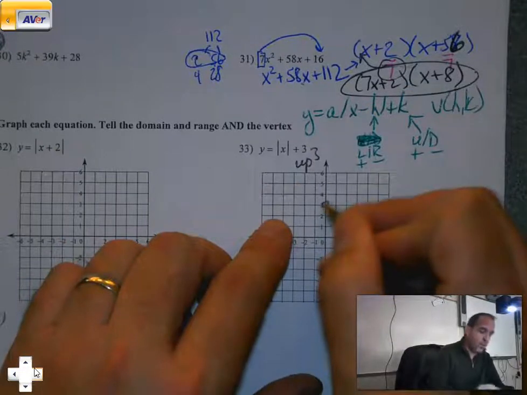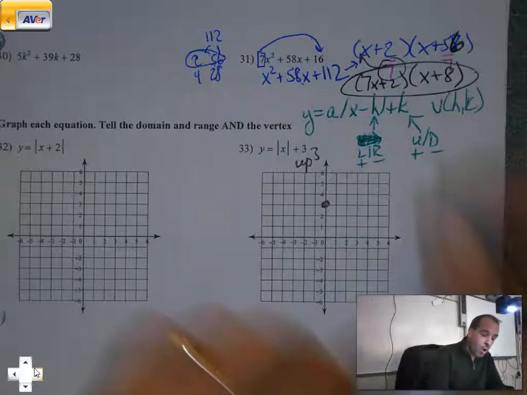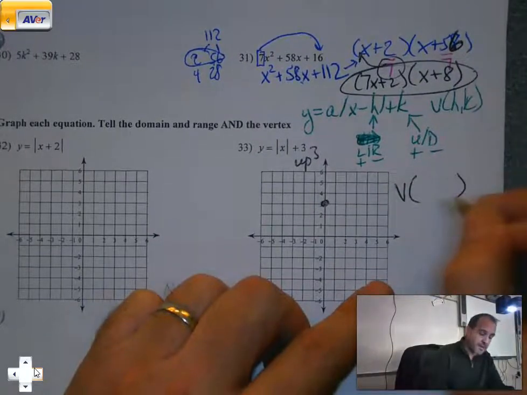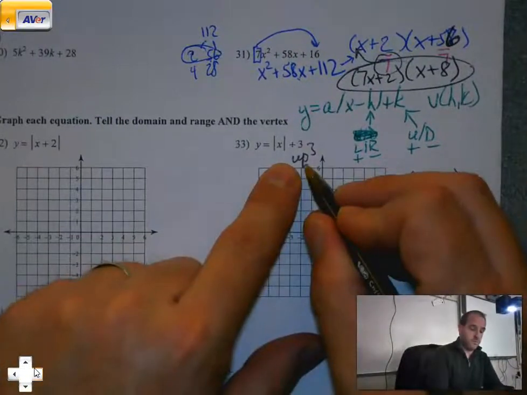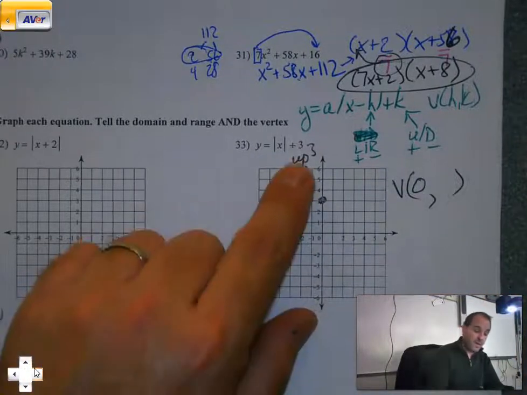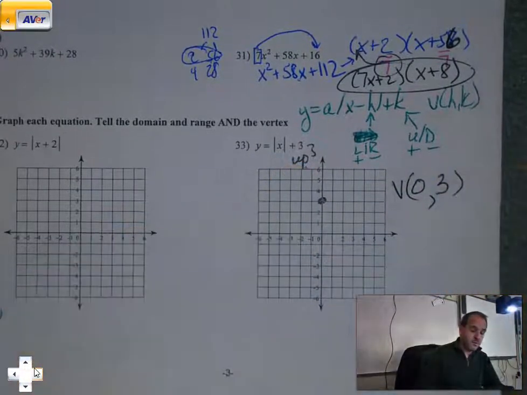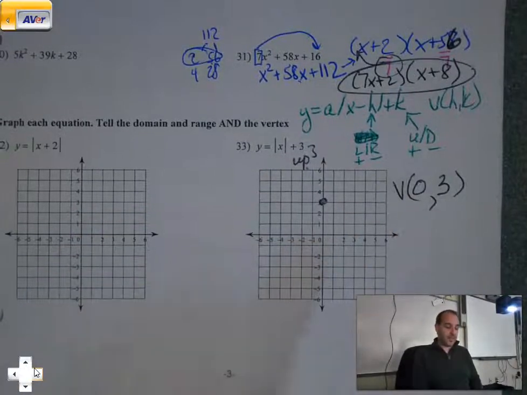You go up 3, you put a point. There's your vertex. What is the point? When you're making a vertex, your x value, your left and right, is what you're writing first. I didn't go left or right any. So that's 0. But I went up 3. So if you write your shifts, that's going to tell you how to deal with this, and it's going to tell you how to plot that.